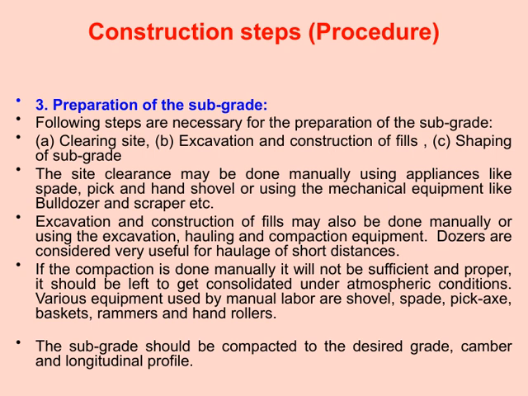The manual equipment used includes shovels, spades, pickaxes, baskets, rammers, and hand rollers. But for effective compaction, mechanical methods are preferred as they provide a more uniform and thorough compaction. Overall, the key to a successful subgrade is ensuring it is properly prepared, compacted, and shaped, as this underpins the durability and safety of the entire construction.